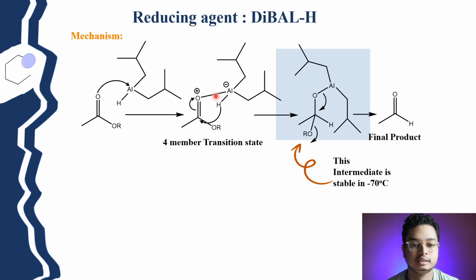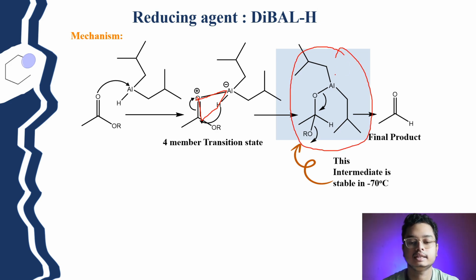Since the O-Al bond forms, this carbonyl carbon center becomes much more electrophilic, which facilitates the hydride attack here. A four-membered transition state is formed, 1, 2, 3, and 4, and this is the intermediate that is generated.